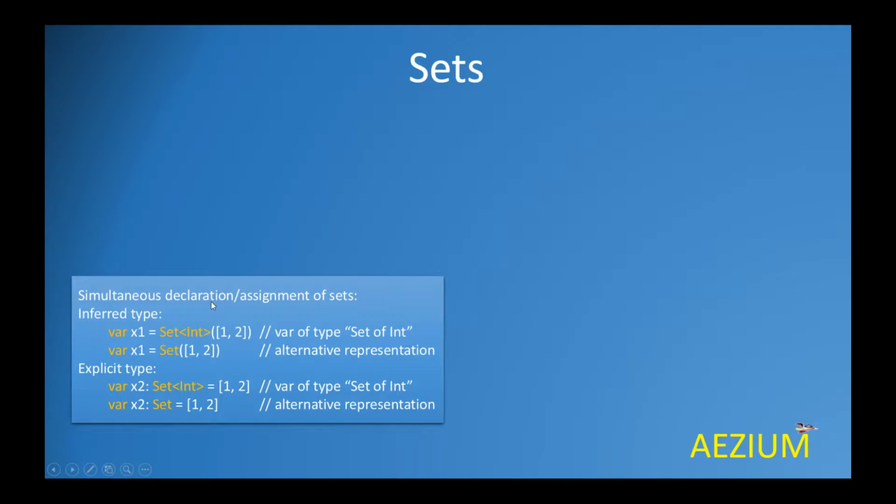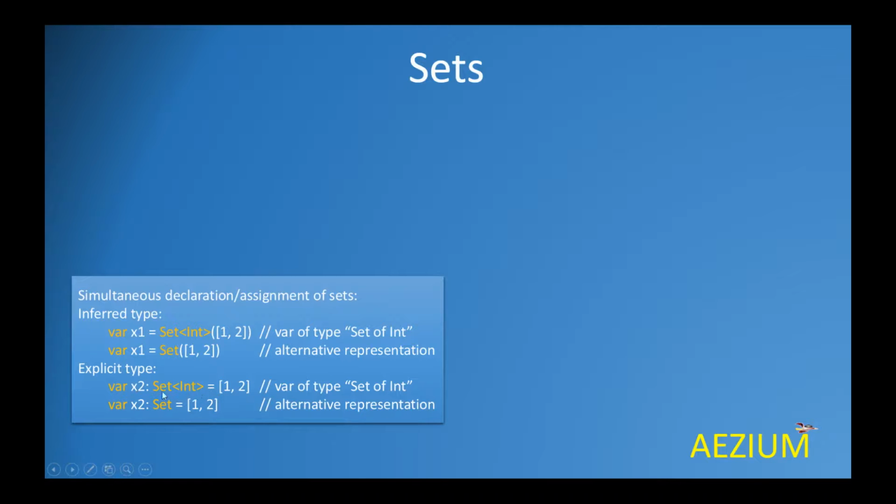We could simultaneously declare and assign to sets. Similar to arrays, that could be done by explicitly showing the type of the variable or constant that we're declaring, or we can do it using inference. In the case of explicit type declaration, we can use this format, which is again very similar to what we use in the case of arrays.